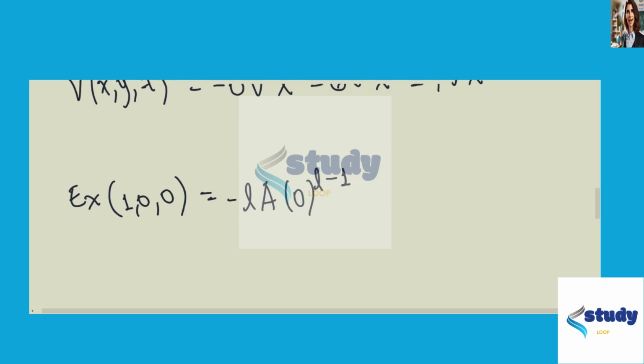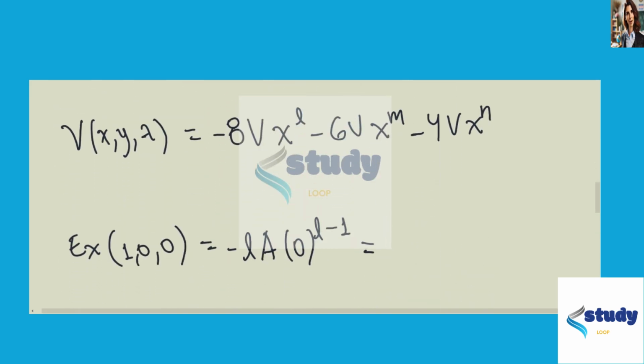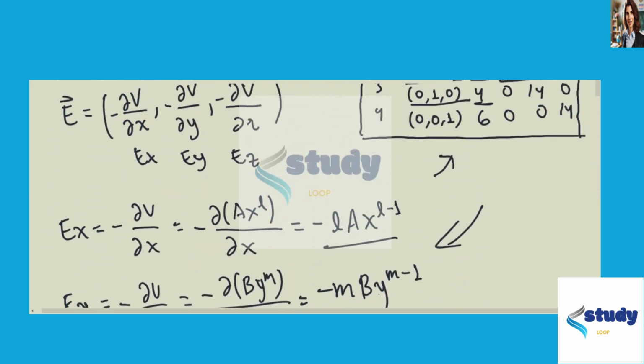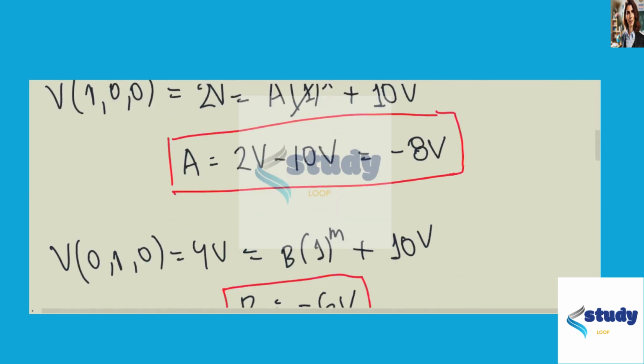We know the value for A, which is minus 8. So with this minus canceling, we will have 8 L equal to 14. That's the value in here, 14.